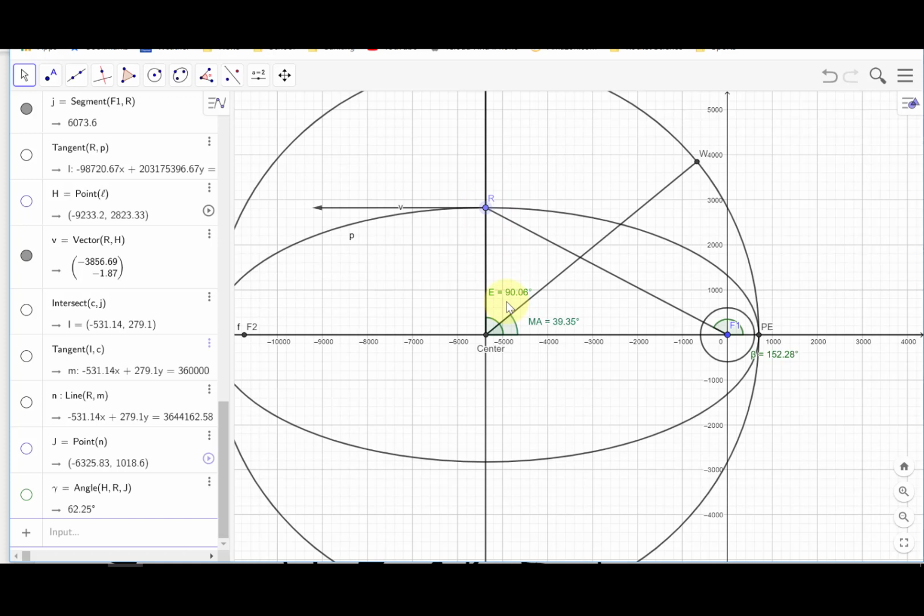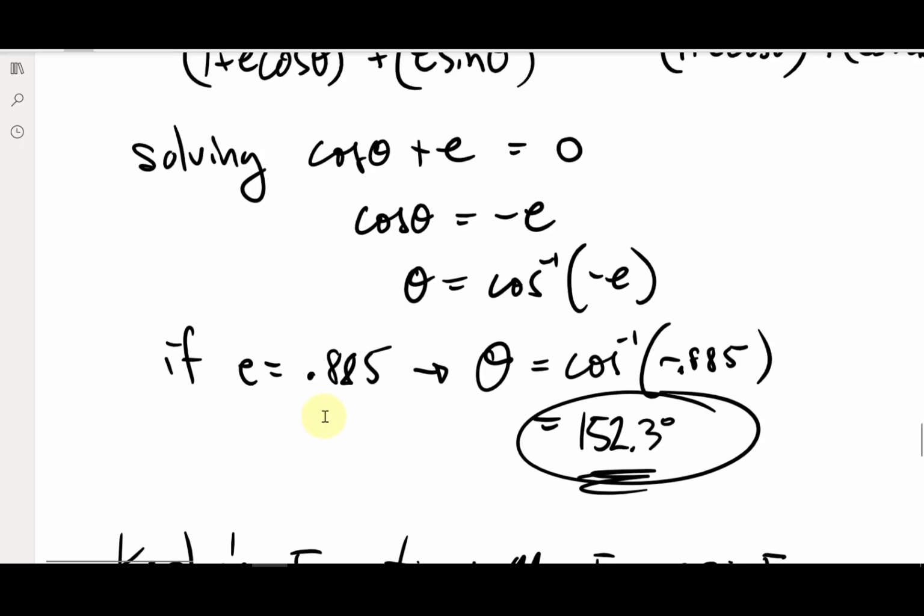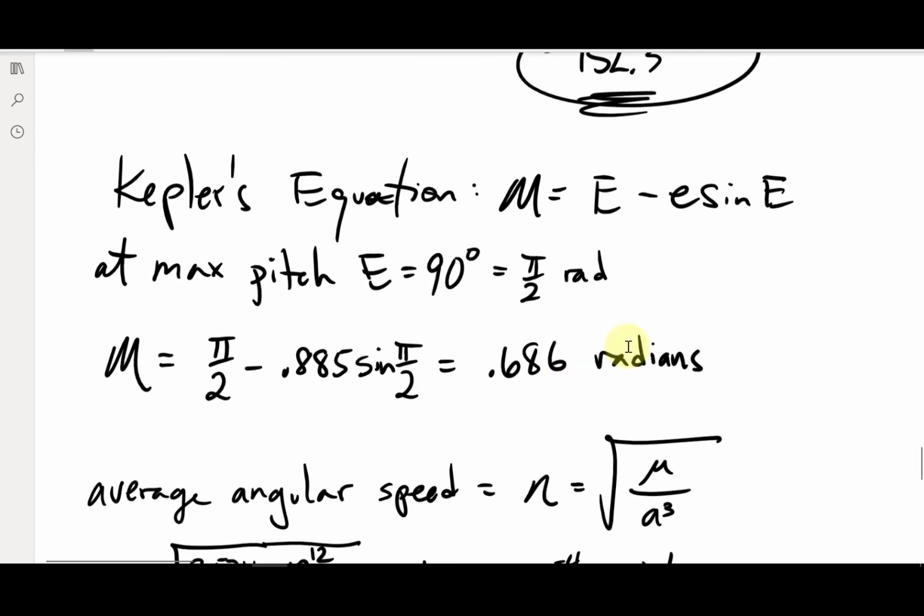And the reason why that could be significant is that we can then go back and calculate the time, how long it will take to reach that point. So we could see that also in the game. So I did that, and the way you could do that is that if you knew at that moment of maximum pitch, eccentric anomaly is 90 degrees or pi over 2 radians, I can calculate the mean anomaly.